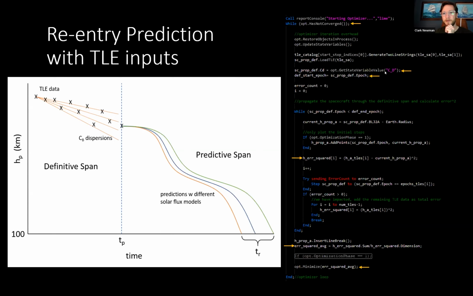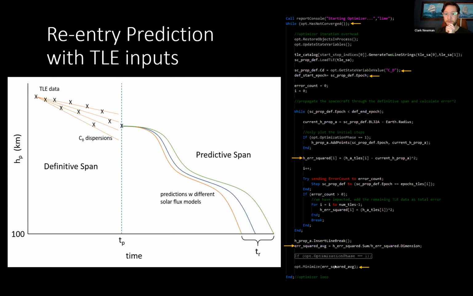And so in this line here, you can see that the state variable value being assigned to our definitive propagated spacecraft drag coefficient is coming right out of our optimizer. It's then propagated through the definitive time span. Its error squared is tabulated, summed up, and then averaged across the number of TLEs that we've observed. That gives us an average error squared.